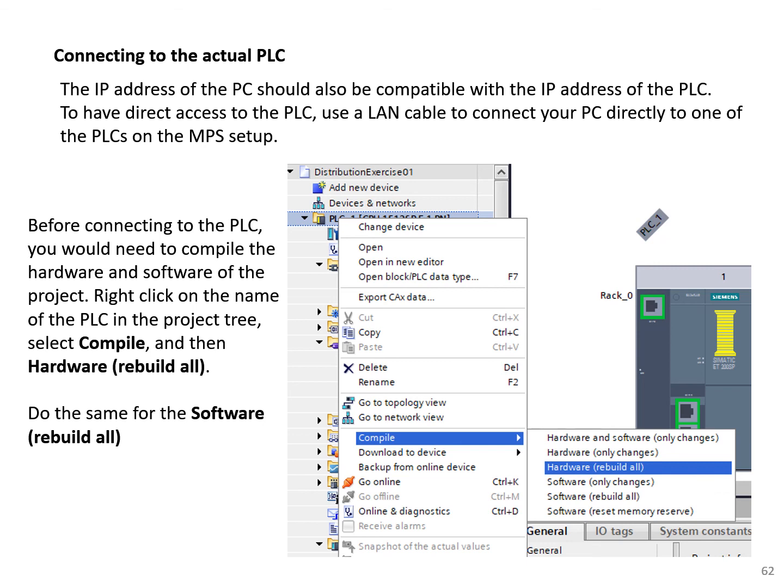Before connecting to the PLC, you will need to compile the hardware and software of the project. Right click on the name of the PLC here and select compile, and then hardware rebuild all. If you don't get any error, it means that you had a perfect configuration of your hardware.